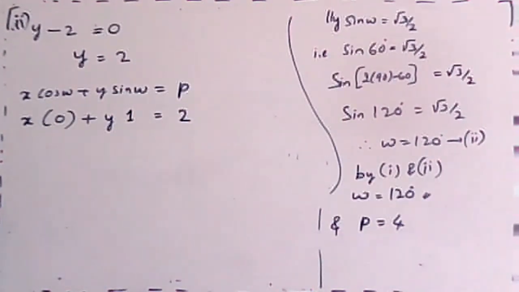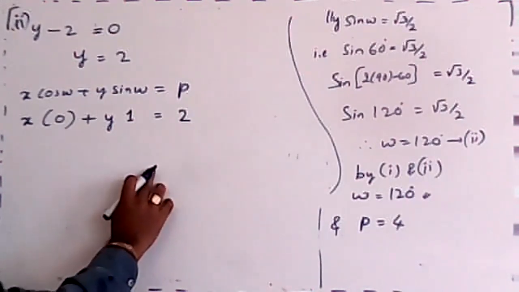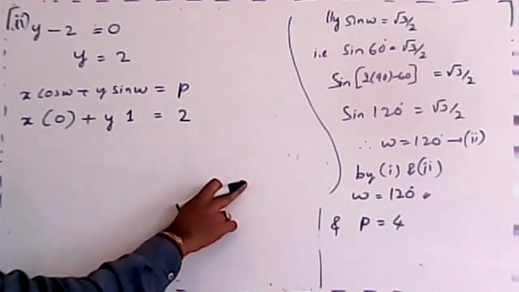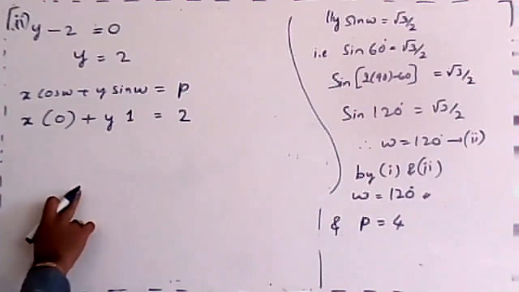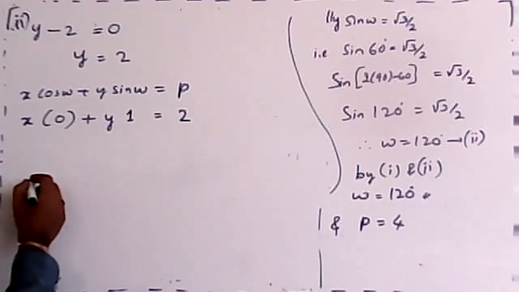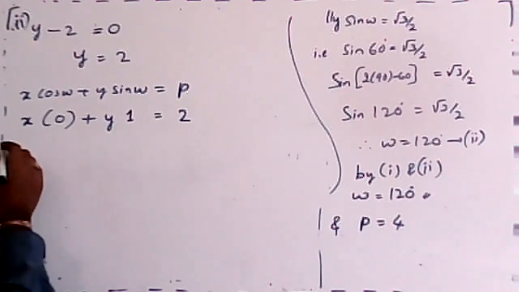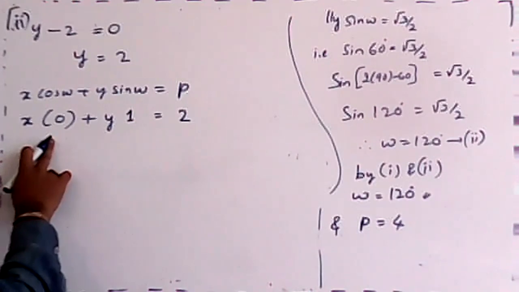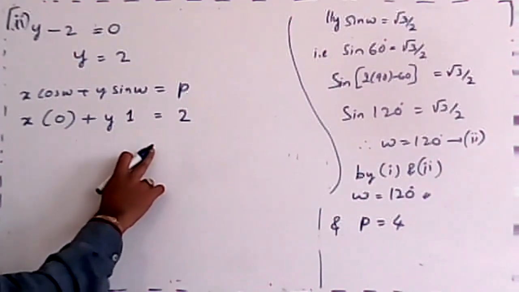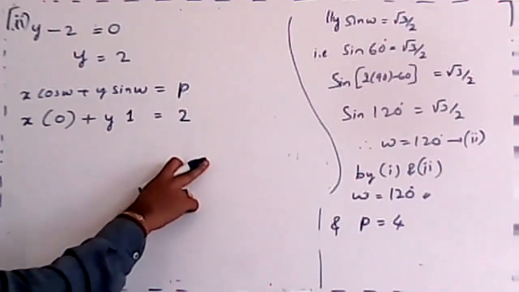If you divide this by 1 by root of a square plus b square, you know, right? So here it is ax plus by is equal to something like this.